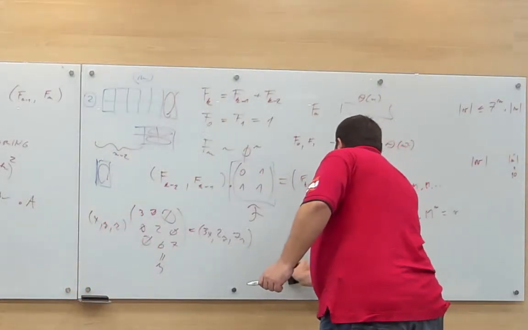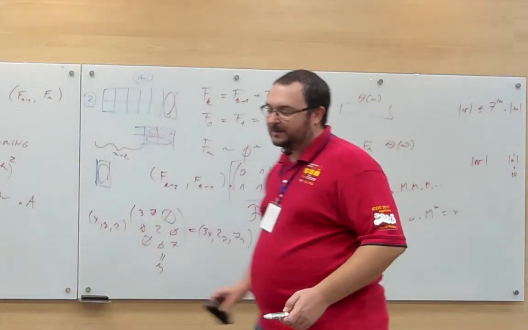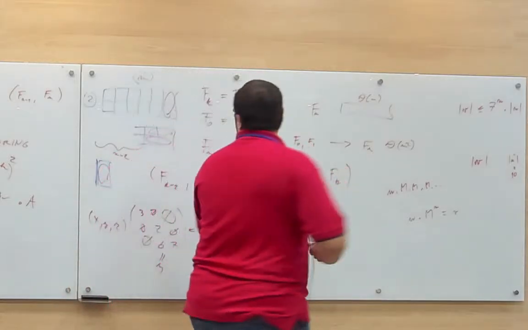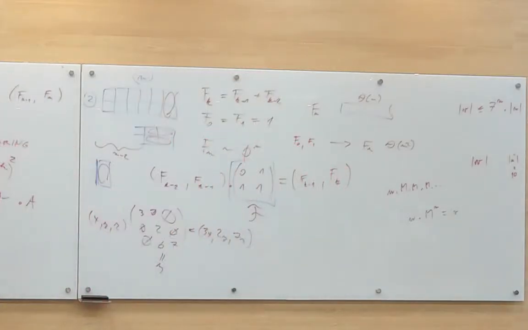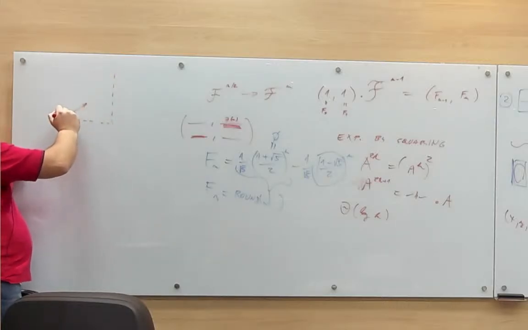I probably have to draw the picture anyways. So let's draw a picture in 2 dimensions. So you had an original vector, and now you produce the new vector by scaling it twice in this direction and 3 times in the other direction.